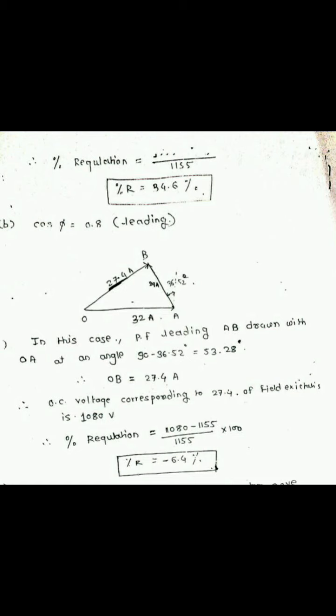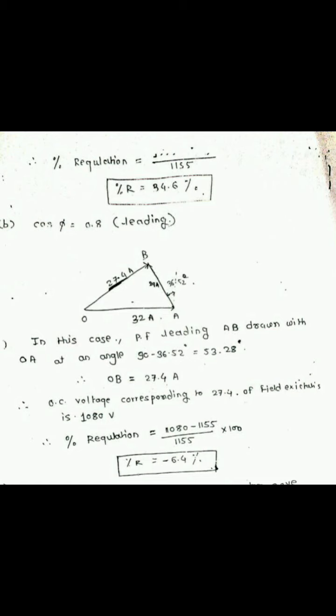From that particular angle we can get the value of IF, that is ampere turn. The value of IF is 27.4. From that IF value, going to the open circuit characteristics, it will give you the value 1080.